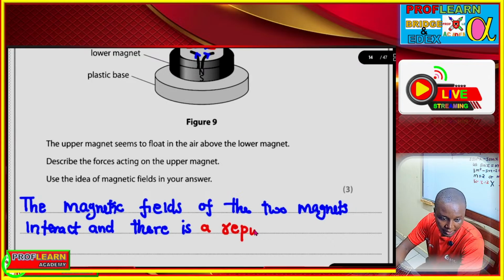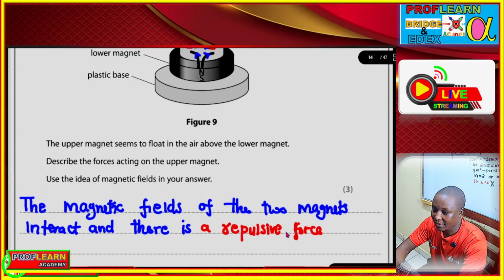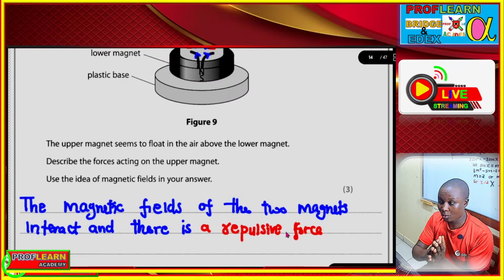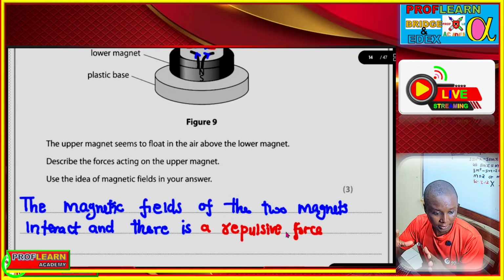We know unlike poles attract, like poles repel. Since we have north and north next to each other, we are going to have repulsion. You are correct, F.